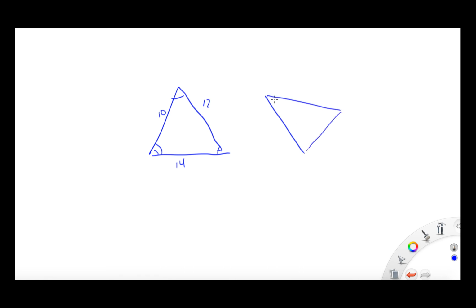And you're going to notice here that there are going to be similar angle marks, and then there's going to be some similar numerical information. So both of these are the same triangle. They're congruent, okay?